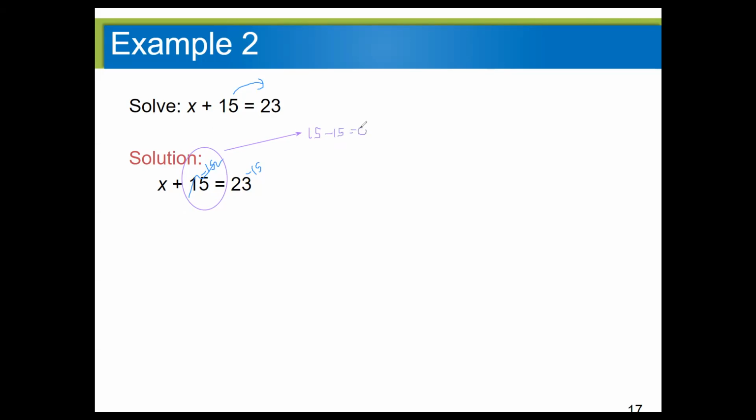And that whole thing equals 0. So essentially, I've rewritten that as x plus 0. The 0 is irrelevant, so I just write this out as x. And then on the right side of the equal sign, I have 23 minus 15. Well, I can solve that. That equals what? 8, right?